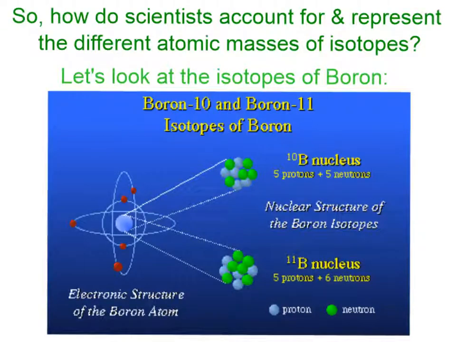And so how do scientists account for and represent the different atomic masses of isotopes? Let's explore that question by looking at an example. Let's look at the isotopes of boron. There is boron 10 and boron 11. Boron 10 has a nucleus with 5 protons and 5 neutrons. Boron 11 has a nucleus with 5 protons and 6 neutrons.